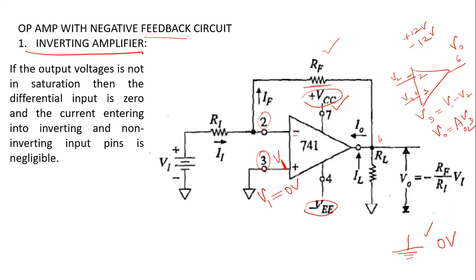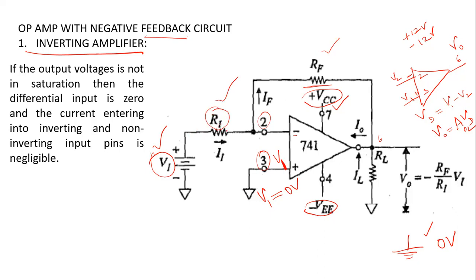In addition to connecting the output signal to the inverting input, pin number 2, we are also supplying input voltage VI via one resistor called the input resistance. I think you can see the one I circled here, RI.